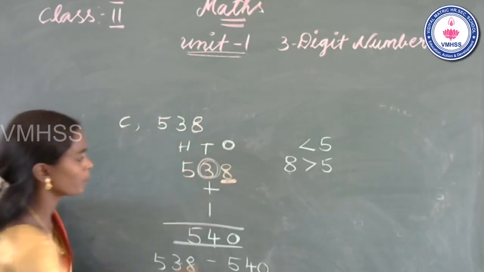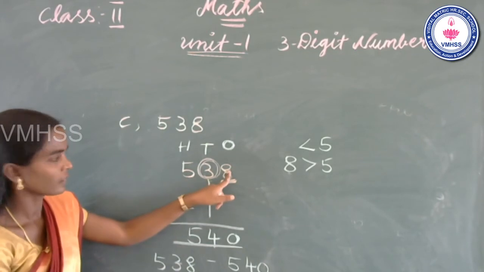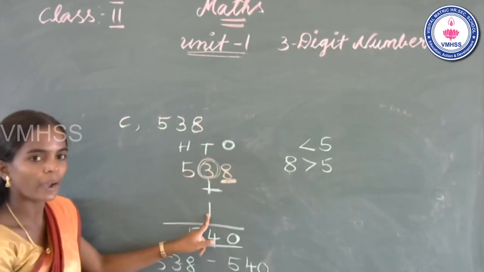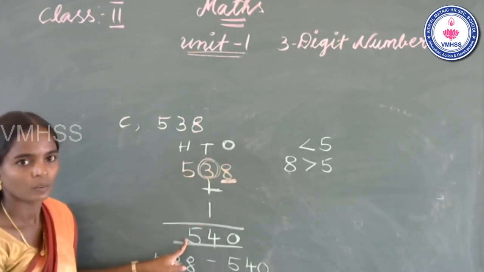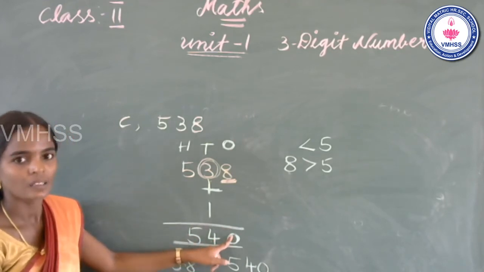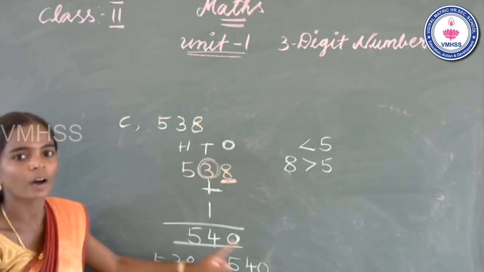The ones place number becomes 0. 3 plus 1 is 4. The hundreds place stays the same. So the answer is 540. The nearest 10 of 538 is 540.